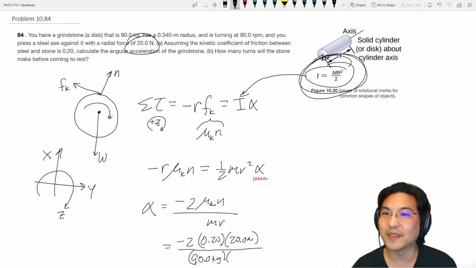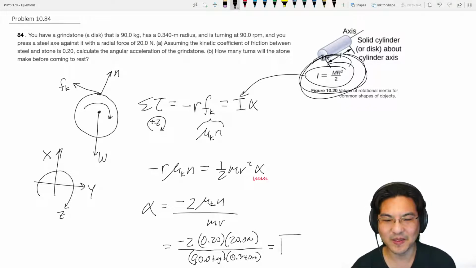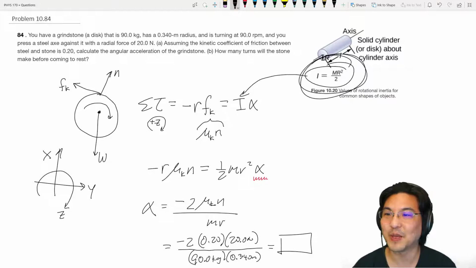And the radius was given as 0.34. Now you can plug this in the calculator, whatever the calculator tells you. Done. Okay, part B. How many turns will the stone make before coming to rest?